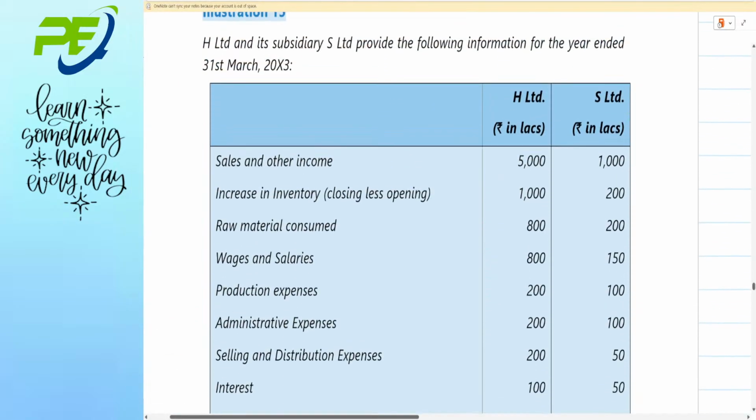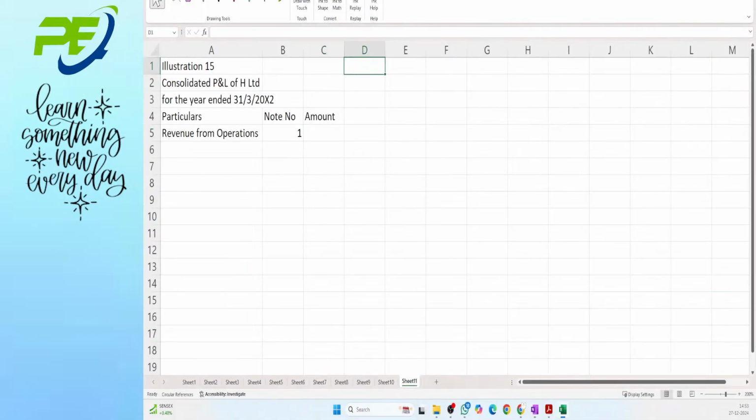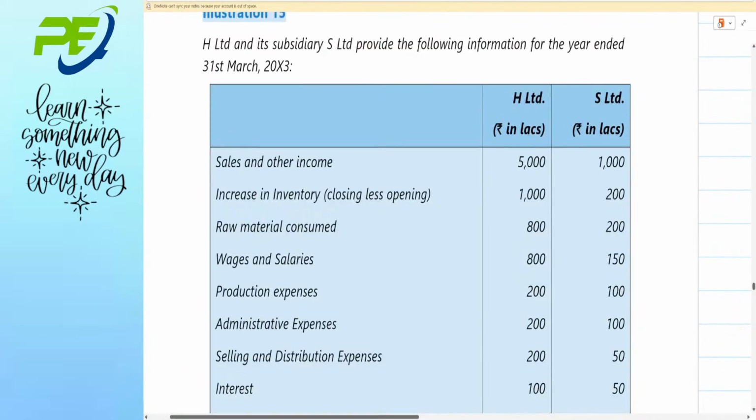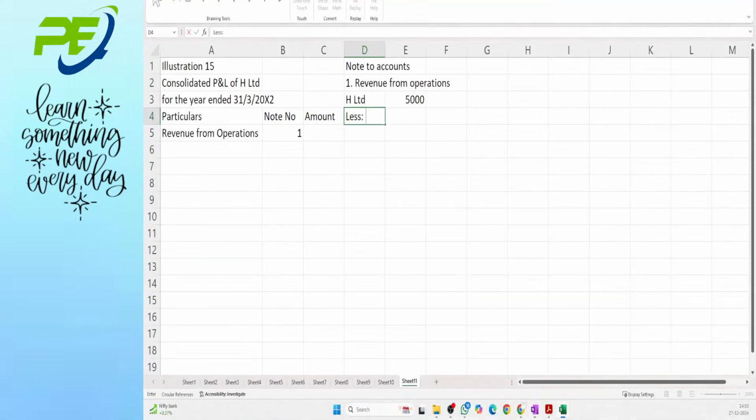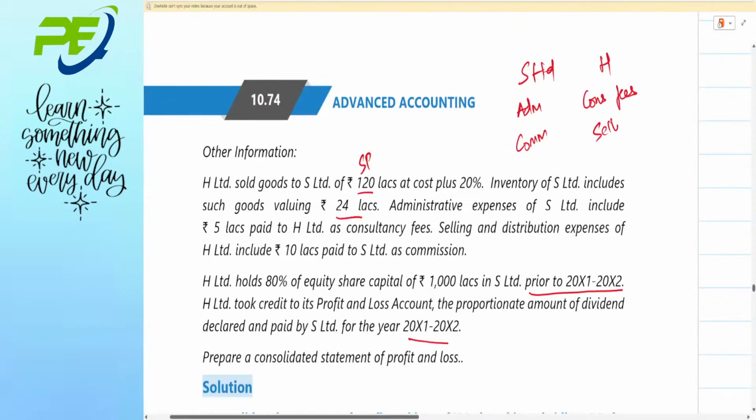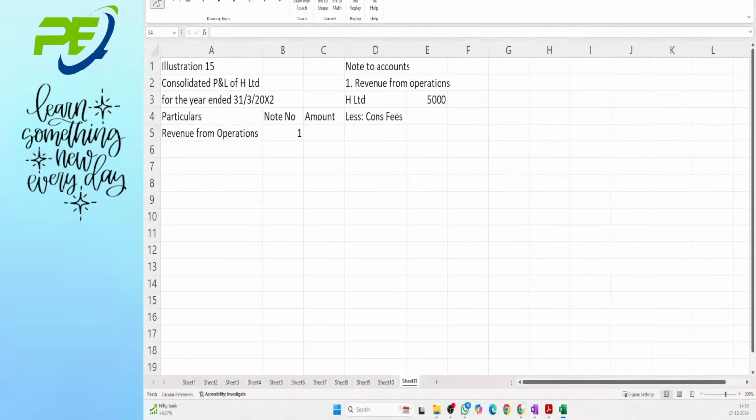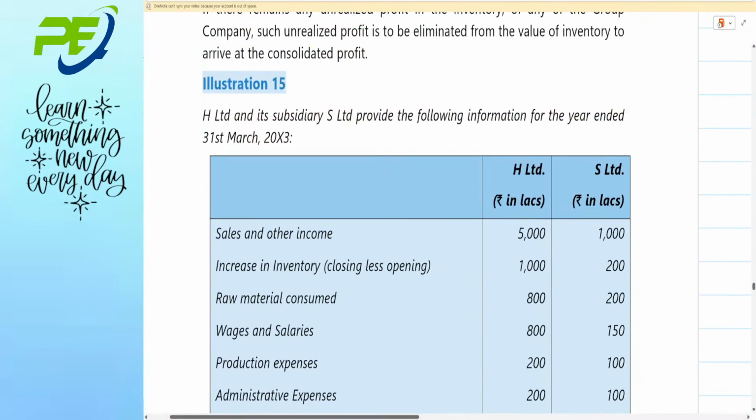Now, notes to accounts, revenue from operations. First is H Limited. Now, H Limited, how much is the revenue? 5,000. But less consulting fees, 5 lakhs. So these numbers are in thousands. No, these numbers are in lakhs.